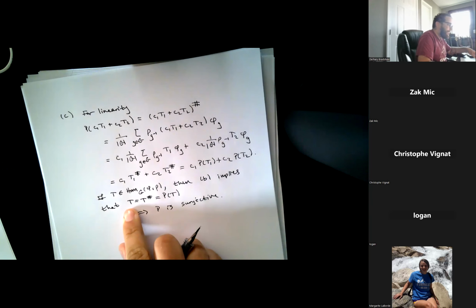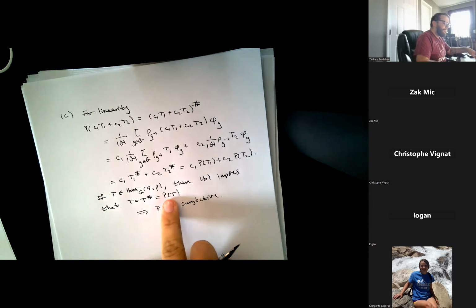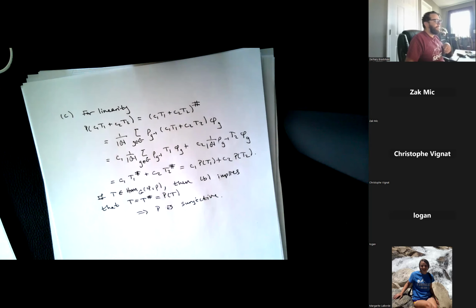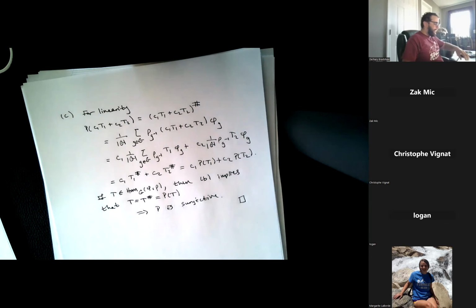I took an arbitrary element of the Hom set and I wrote it as the image of something in the space of linear maps, which is just T itself. And so that is the end of the proof.